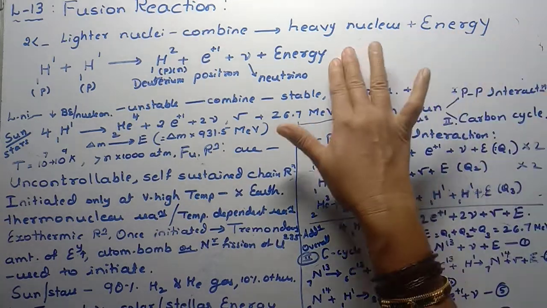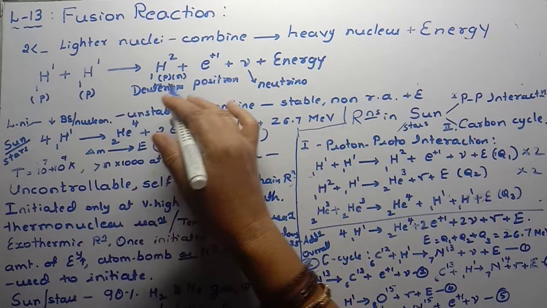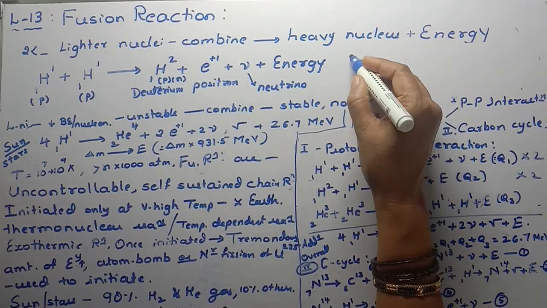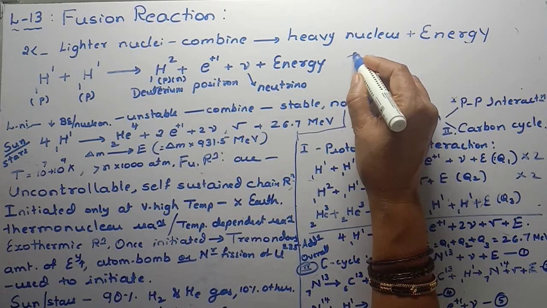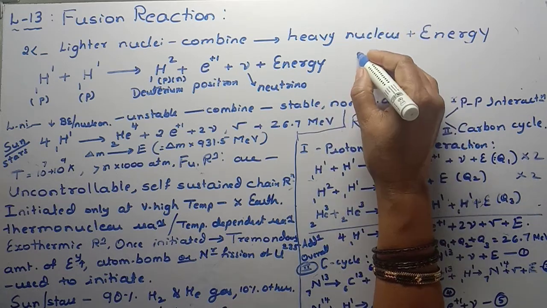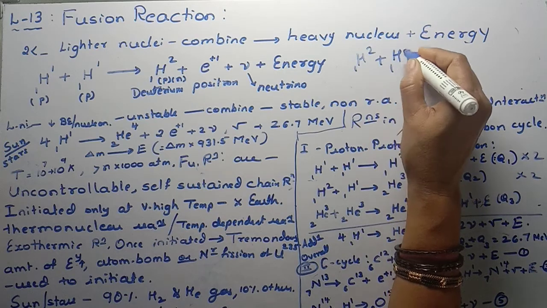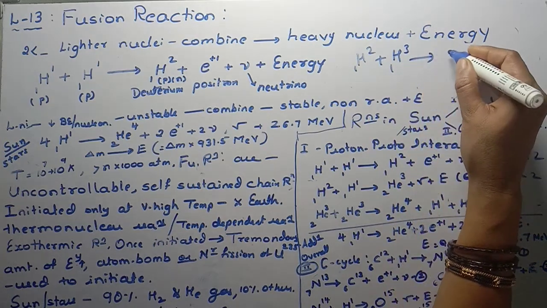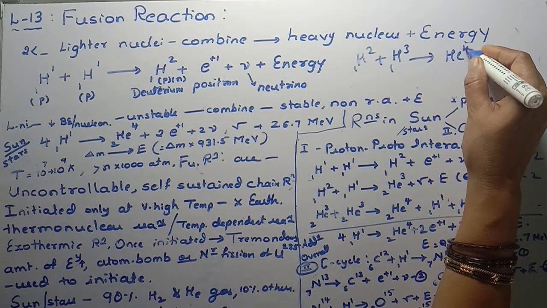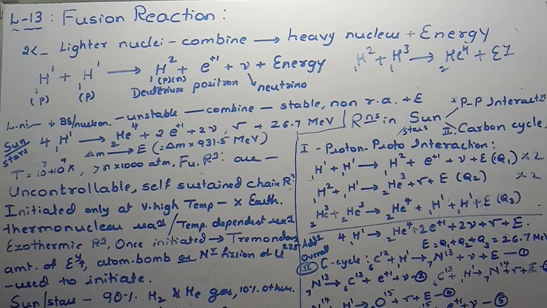In the hydrogen bomb, usually deuterium and tritium are made to react. You have seen how deuterium is obtained; we denote it by D, that is 1H2, and tritium is 1H3. When they are made to react, helium is formed and an enormous amount of energy is released.